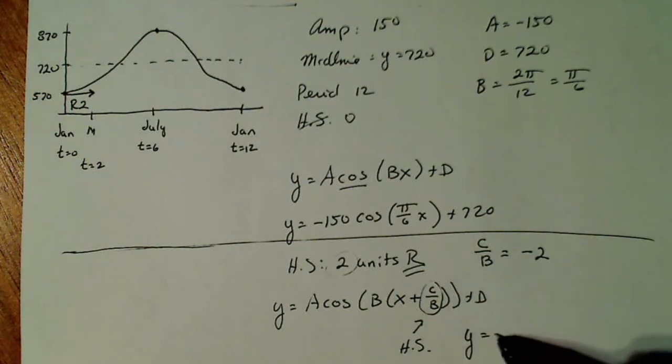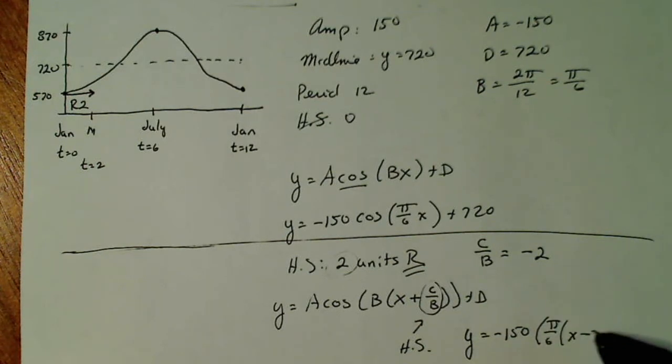So y equals minus 150 cosine of pi over 6 times (x minus 2) plus 720. So all I did was add a right moving shift in here.